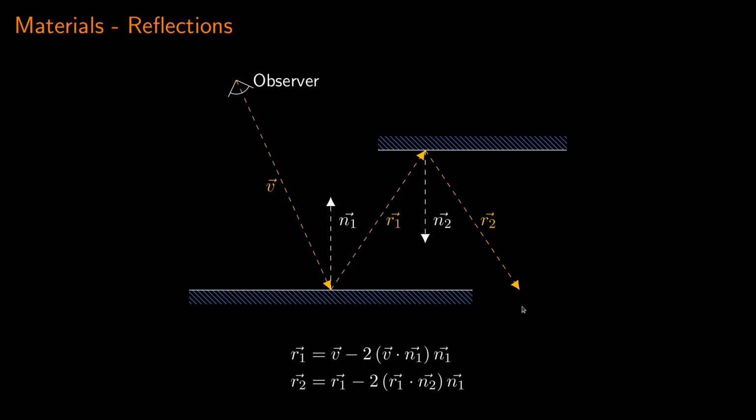The easiest way to implement something like this is necessarily going to be with a recursive algorithm. We have an algorithm that calculates the color according to this ray, and then we call that same algorithm again to calculate the color from this ray, and so on. I think that will become much clearer when we actually look at the code.